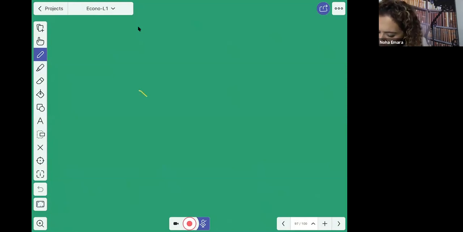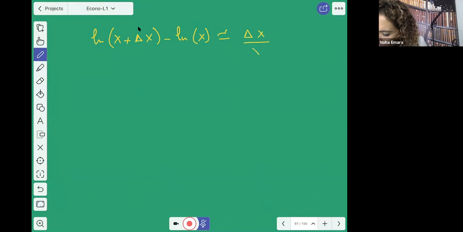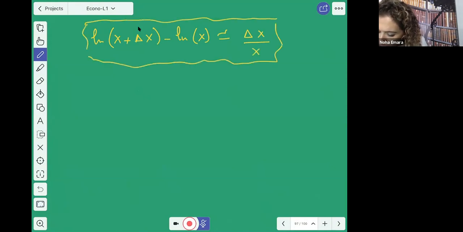We said that the log of X plus the change in X minus the natural log of the old X is approximately equal to the change in X over X. And this is our rule that we will use now many times.